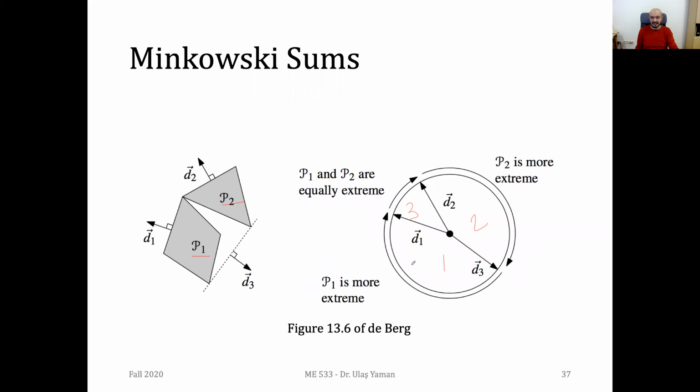So if your direction vector is in this range, then P1 will be more extreme. But if your direction vector is in this range, then P2 will be more extreme. But if your direction vector is in between these points, then they will have the same extreme values. They are equally extreme in this range of the circle. P1 and P2 are the same.